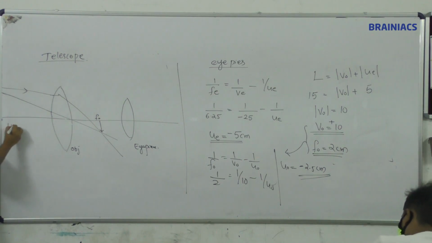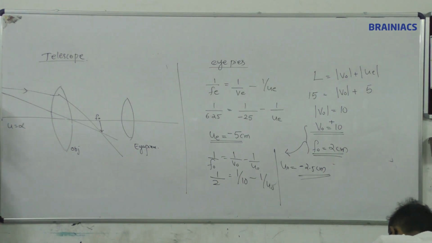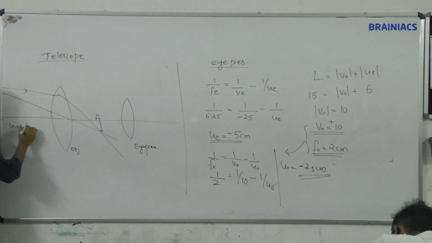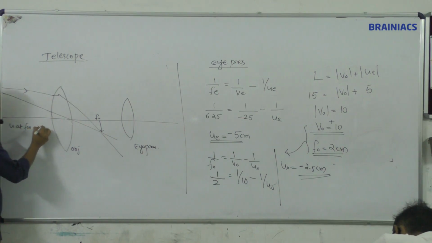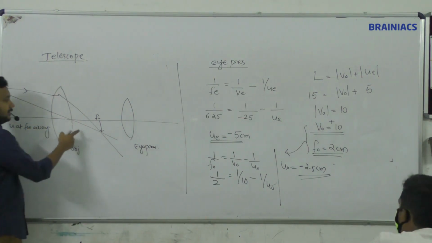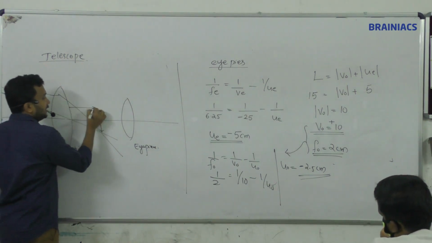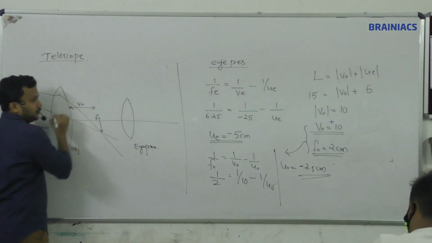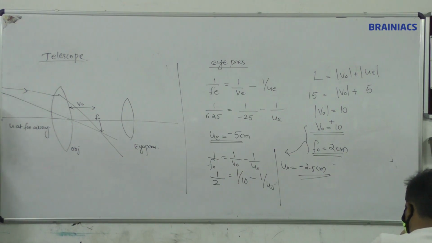So here I know the object is at infinity, or I can say the object is far away, at a very large distance, and the image distance is given as u0. But what is the condition here?